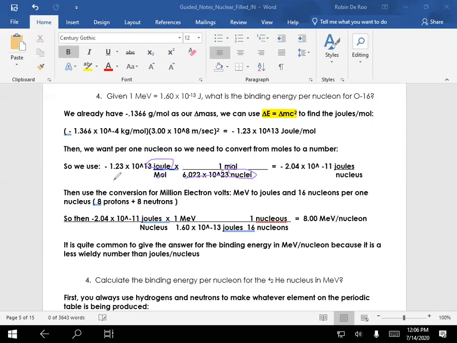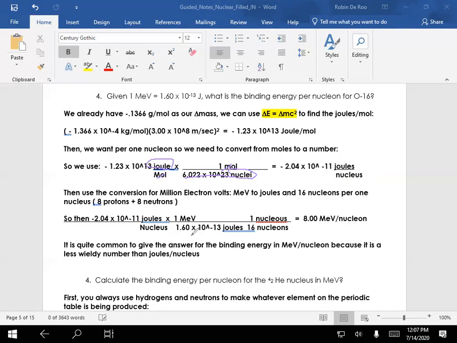Now we're going to use the conversion for the million electron volts, the MeV to joules. We have 16 nucleons per 1 nucleus. That was 8 protons and 8 neutrons. So we have our answer in joules per nucleus.